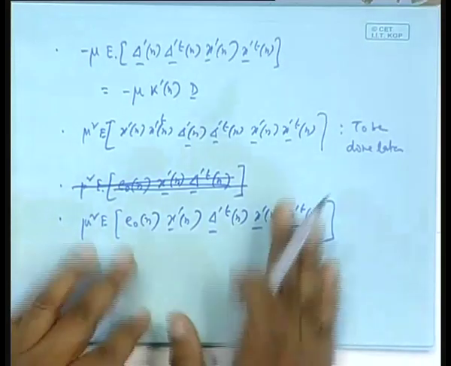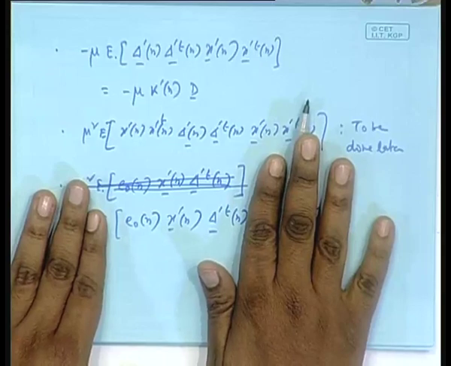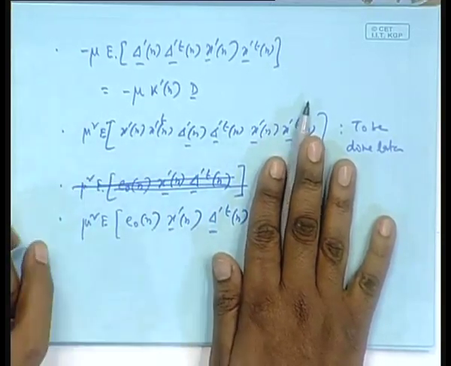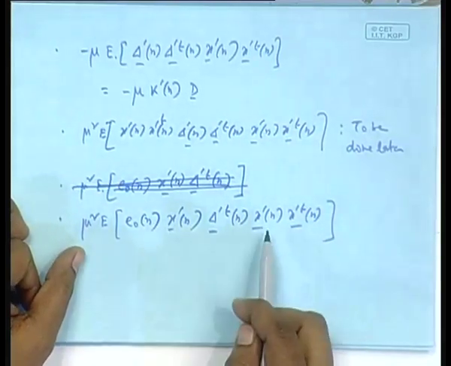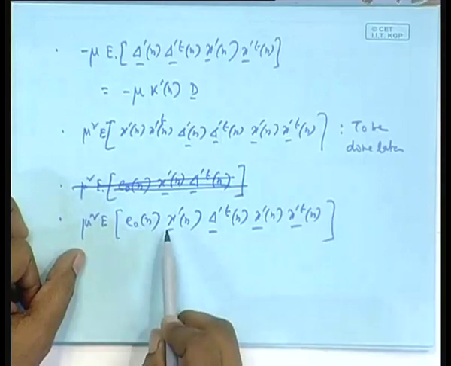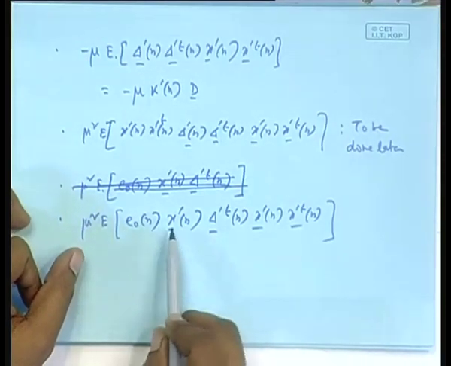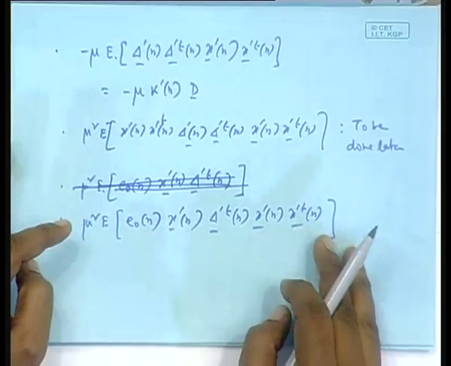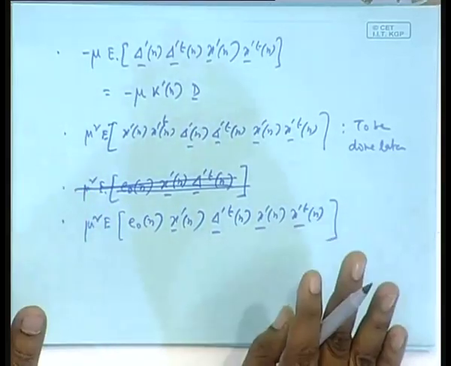But I do not have only this. If I had only this much like before, I could have just separated it out, and by using orthogonality this could be 0. But I am getting x prime(n) back here again. x prime(n) consists of x(n), and E_o(n) depends on x(n). So there is at least some relation between them, isn't it? And then x prime(n) comes back here, so I cannot apply that.